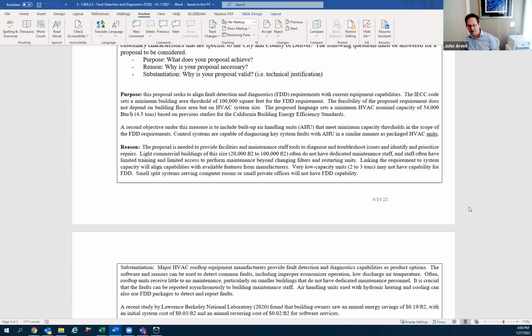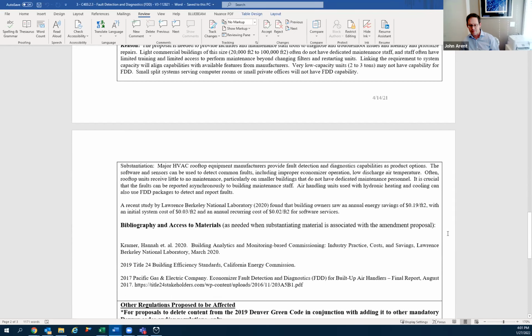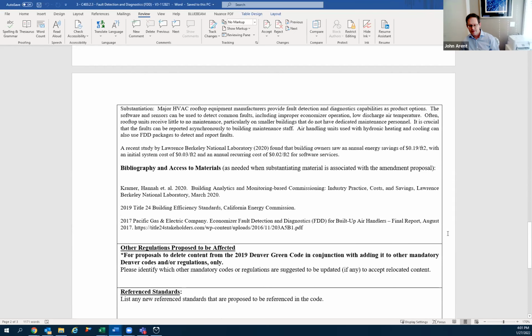The energy savings will obviously vary, like many things, building to building. It will also detect faults that might not necessarily decrease energy use, such as an economizer damper that's stuck closed or in a minimum position when it should be open, which could have ramifications on ventilation.